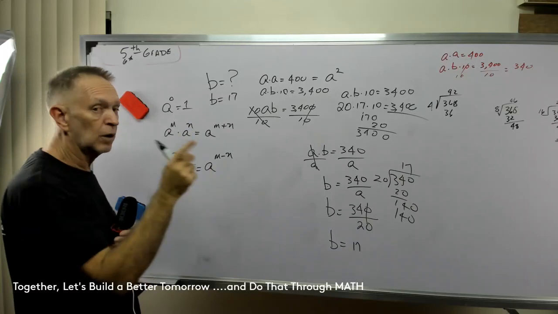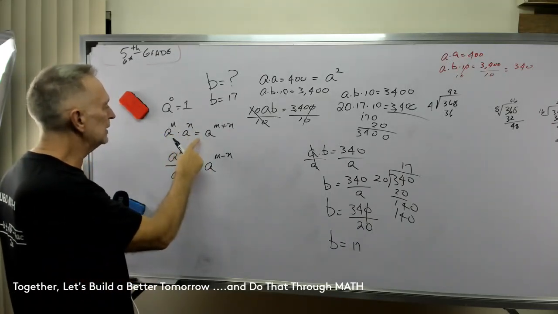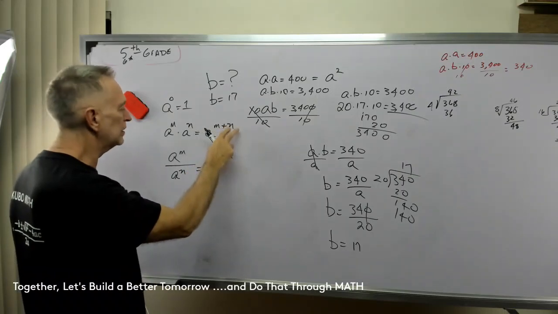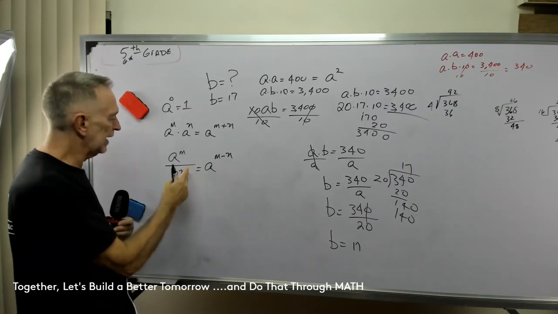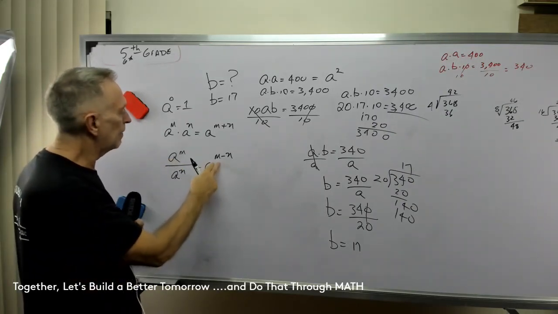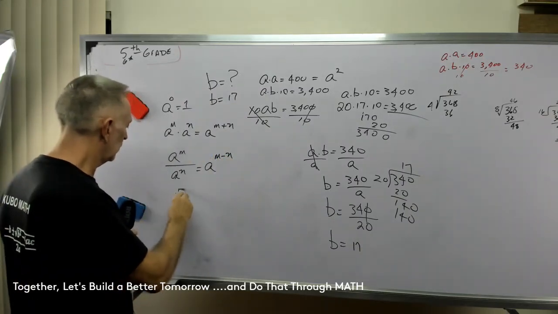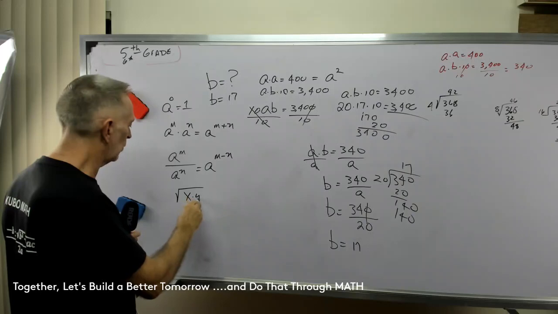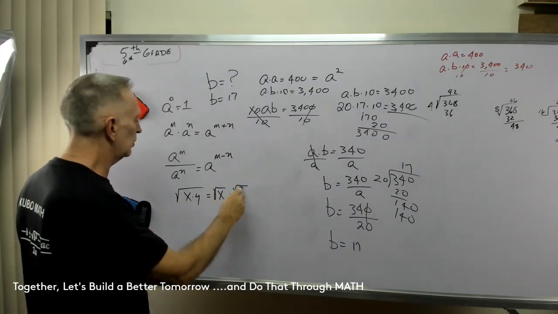A to the 0 is 1. A to the m times a to the n is a to the m plus n. If I'm dividing a to the m divided by a to the n, it equals a to the m minus n. And then tonight we learned the square root of x times y also equals square root of x times square root of y.